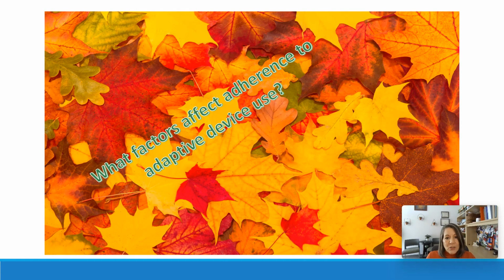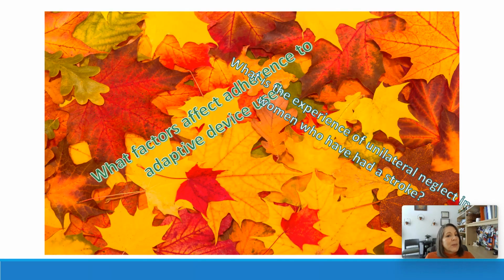So what factors cause adherence? We can measure adherence to treatment protocols using quantitative data, but why? Why are they adhering or not adhering? We can use qualitative information to find that out. Or what's the experience? What's it like to have something go wrong with your system, and how does it impact your everyday occupations?